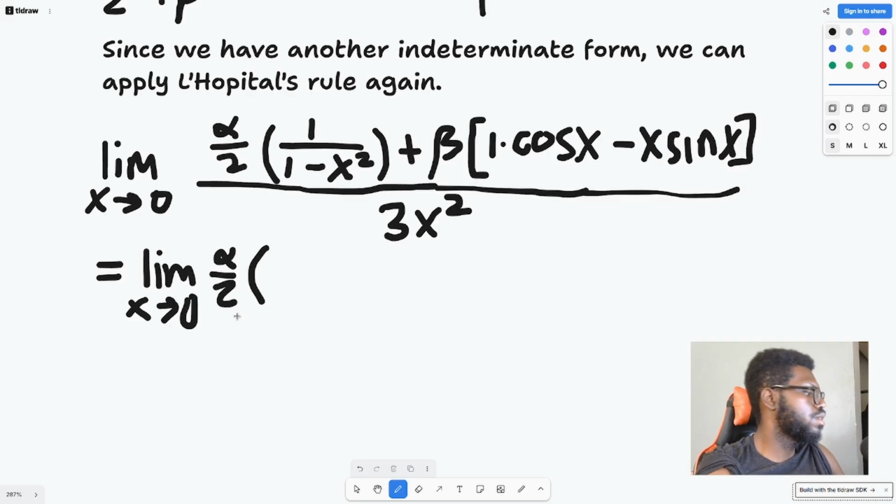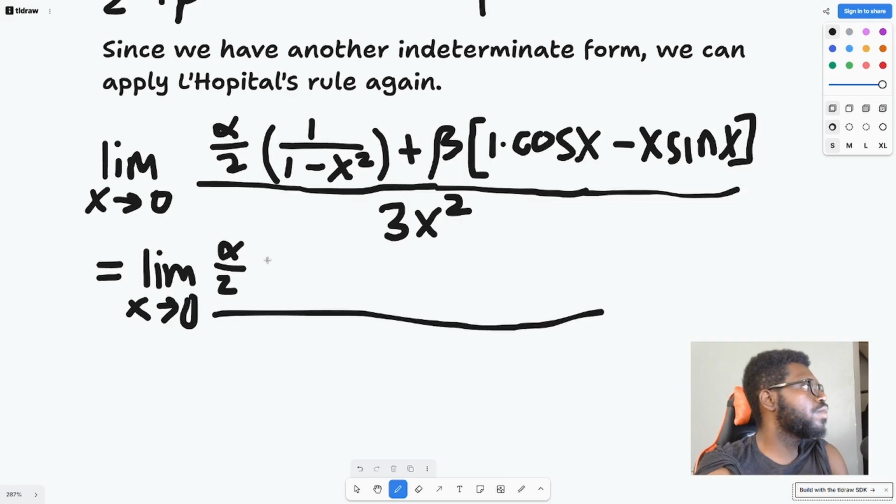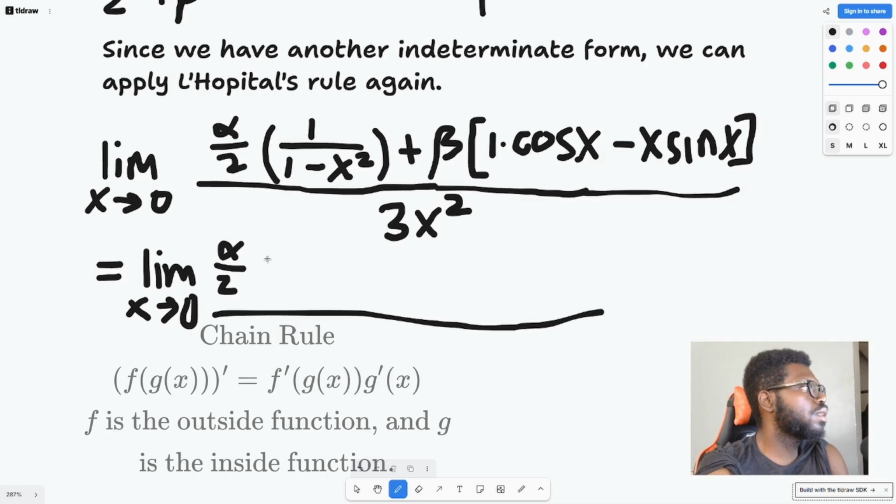Okay, and we're just going to follow the same process that we did in previous steps, just differentiating each term. There are a couple of ways you can differentiate 1 over 1 minus x squared here. You could use the quotient rule, but I would just use the chain rule. The outside function would be 1 over x. The inside function would be 1 minus x squared.